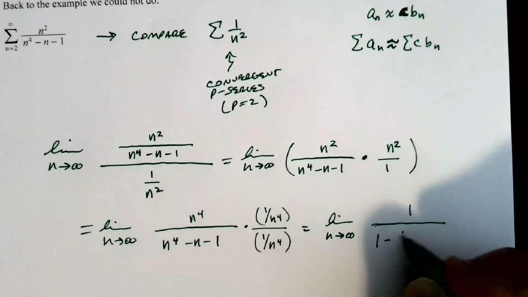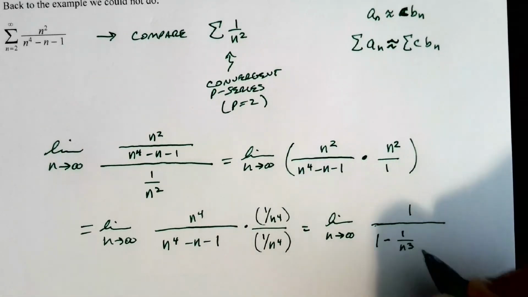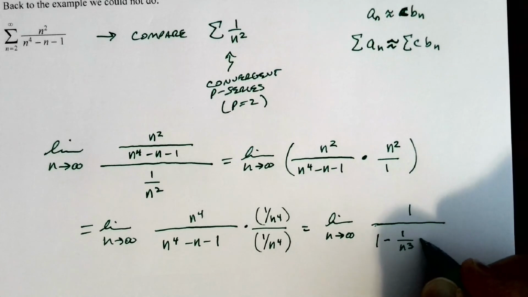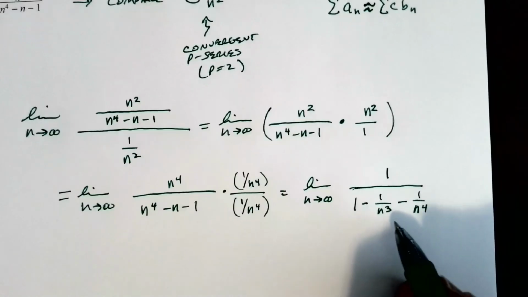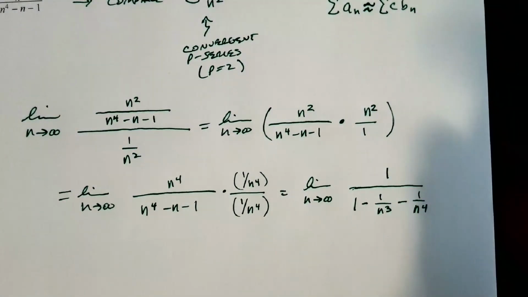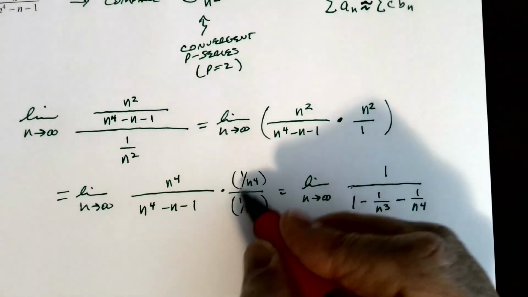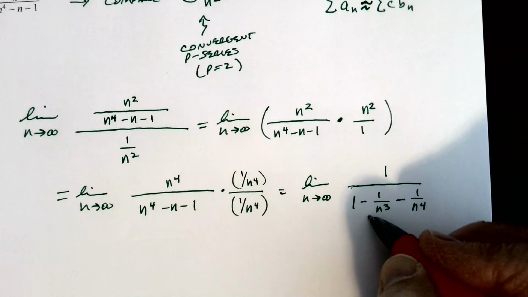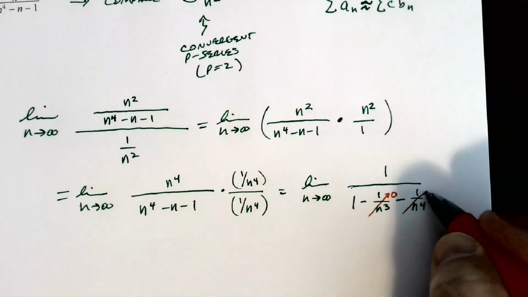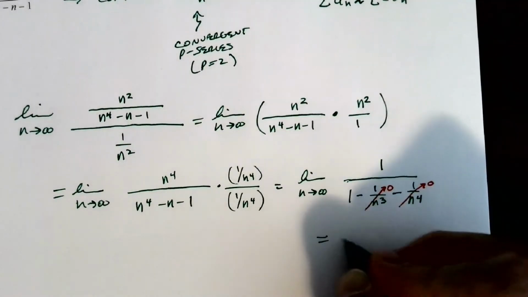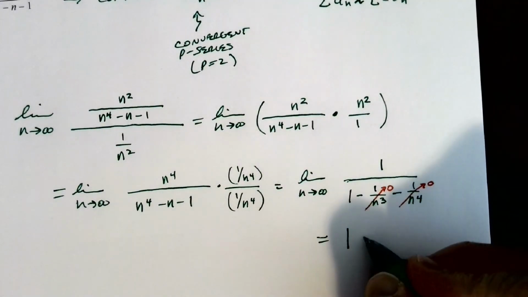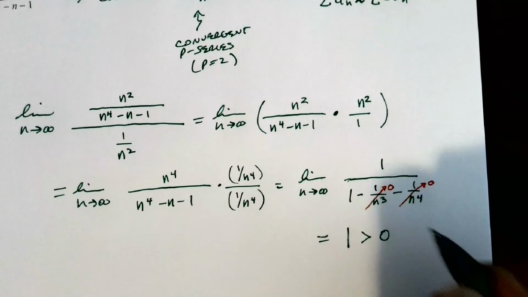N divided by n to the fourth is 1 over n cubed, and 1 divided by n to the fourth. So this is one technique I can use. I'm multiplying by 1, but down here, this is going to 0, and this is going to 0 as n goes to infinity. And this limit therefore equals 1, which is indeed greater than 0.